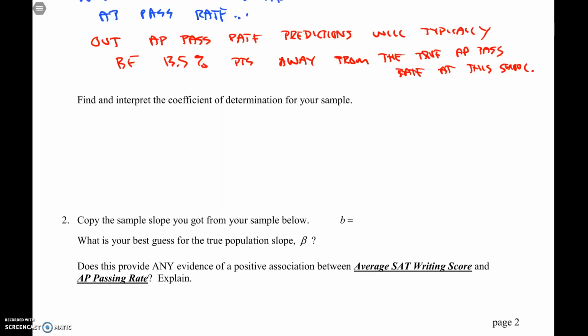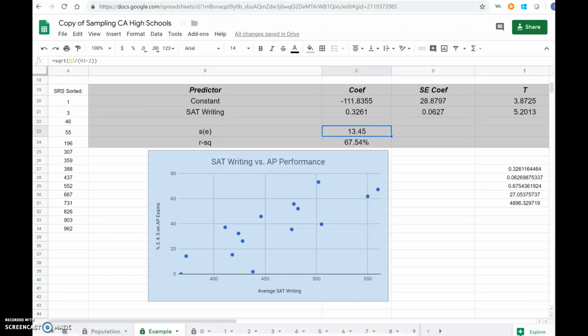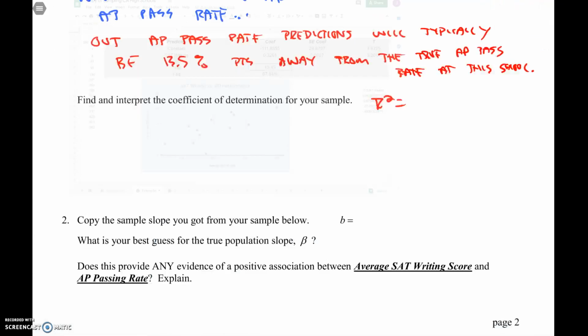Find and interpret the coefficient of determination. That's the R-squared value. That is 67, we'll just call it 68%.